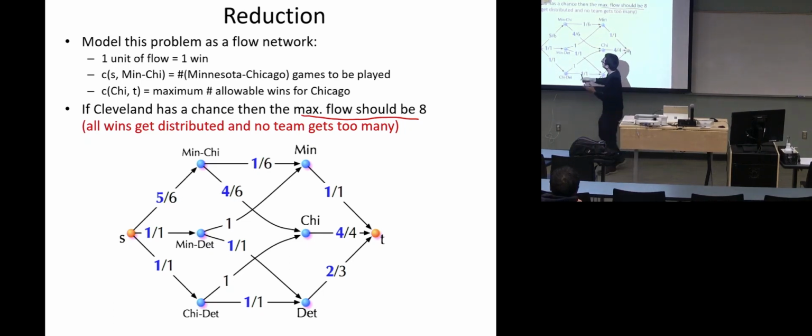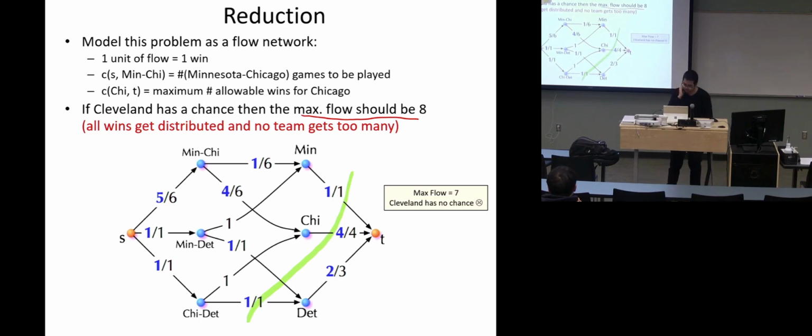If the max flow is really 8, then all the wins can be successfully distributed, and you respect the sink capacity. But in this case, you see that there is a cut of size 7. So in this case, Cleveland has no chance. Okay, so that's just another example.